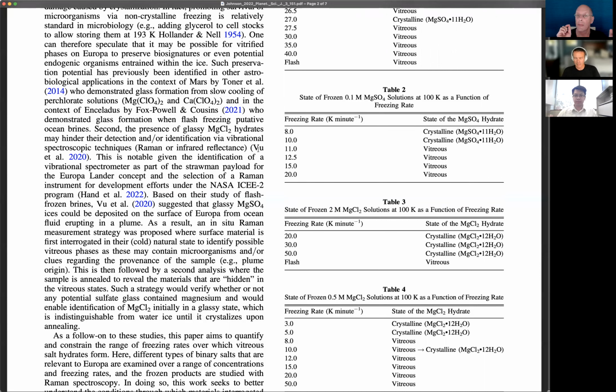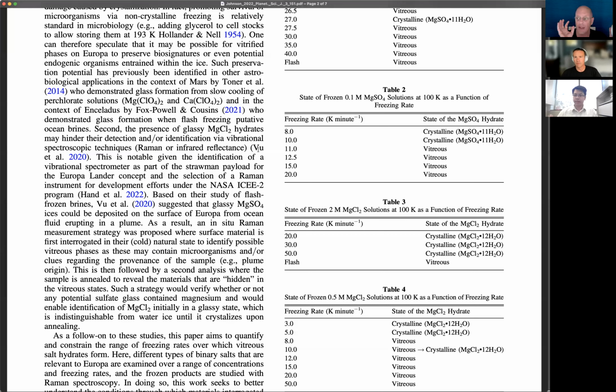We can then examine with Raman spectroscopy to look for signatures of crystalline, amorphous or glassy forms of the salt. We did this over a range of concentrations and freezing rates, and tried to map out, for a given concentration, how slow you can freeze something and still get a glass to form.